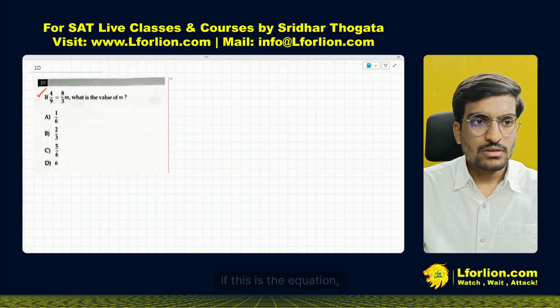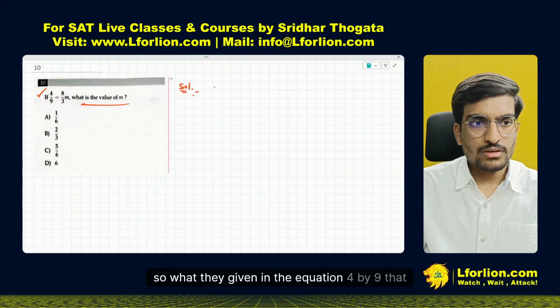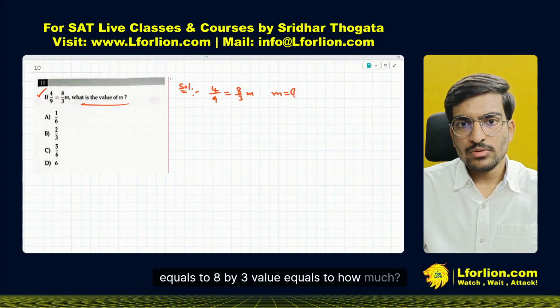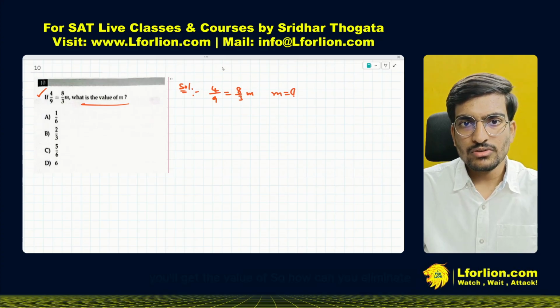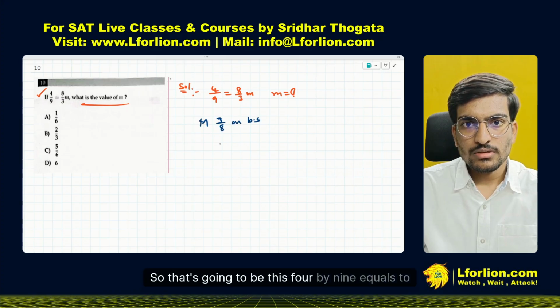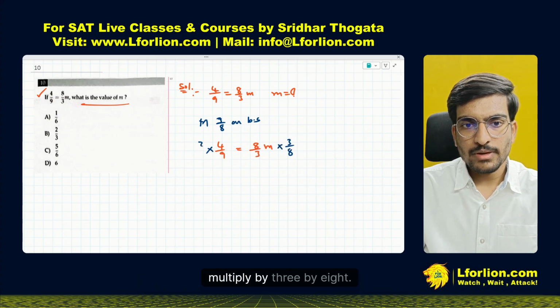If this is the equation, what is the value of the expression? What they have given in the equation is 4 by 9 equals 8 by 3 times the expression. So you just have to remove this part so that you get the value. How can you eliminate that part? Just multiply by 3 by 8 on both sides. So 4 by 9 times 3 by 8 equals 8 by 3 times 3 by 8.